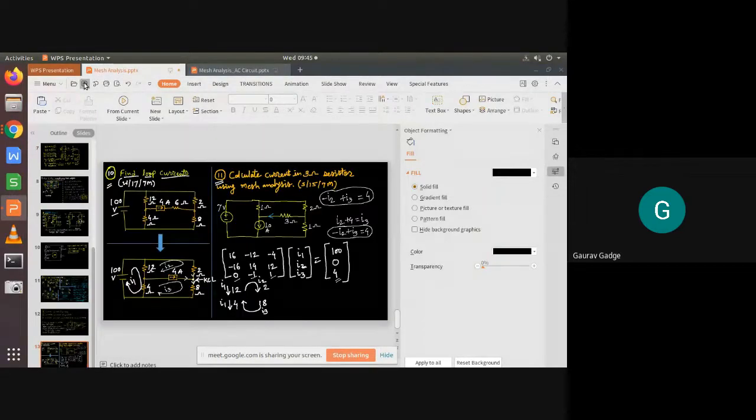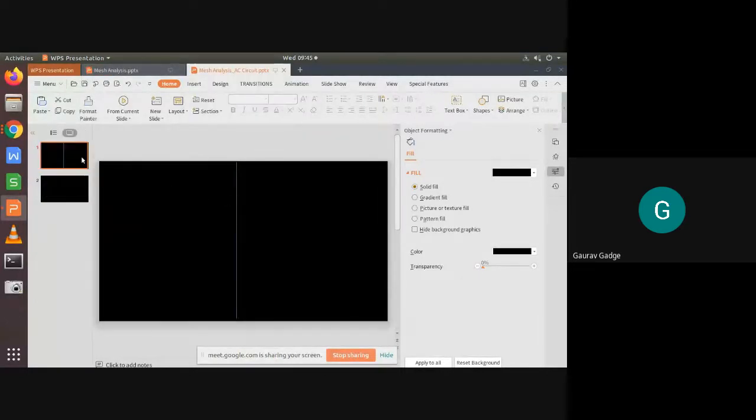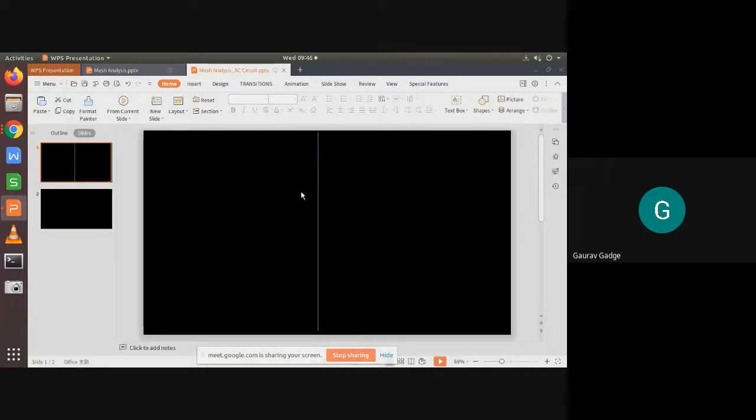I am repeating myself. The difference in DC and AC is that in AC, impedance represents the opposition to AC current, and in DC, resistance represents the opposition to DC current.